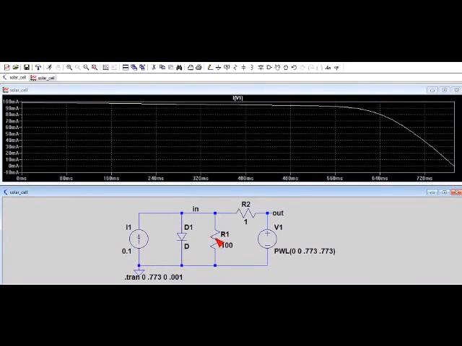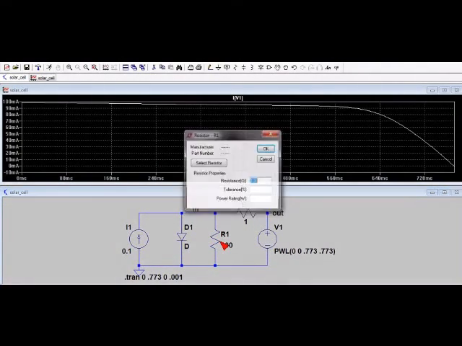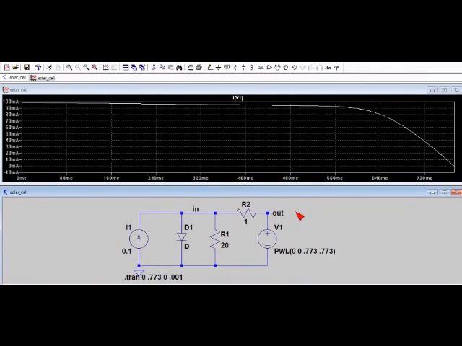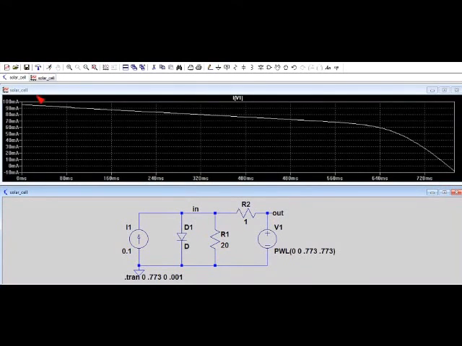So let's see what happens if we change resistor R1. It's set at 100. Let's change it to 20 ohms and just see the effect that has on our solar cell performance. So let's resimulate. We see that the slope here has changed. So the current falls off dramatically here. And again, we see that the area under this curve has been diminished.